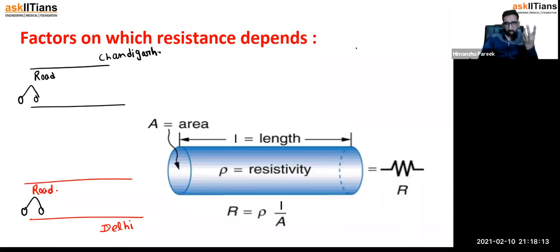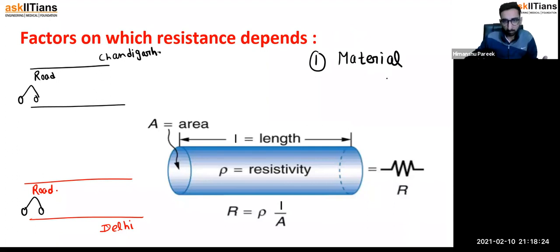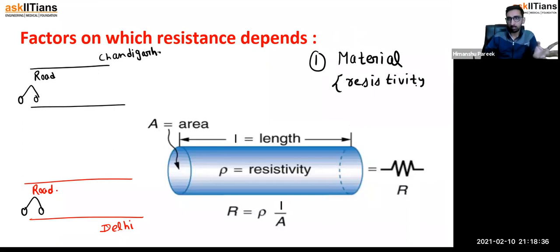Now, on what first factor does it depend? First of all, it depends upon the material. This material property we call the resistivity. In some books, you will find they write it as resistivity, or one more term you may see is the specific resistance.